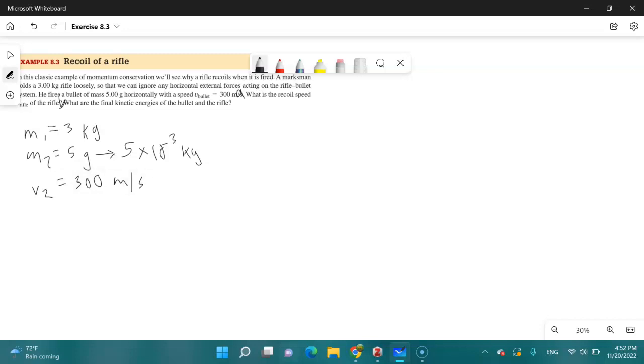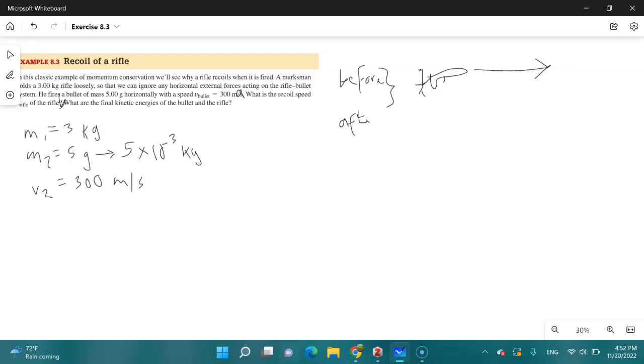So I'm going to draw a little before and after diagram to better understand this. So for our before, draw the little man holding the rifle. And we have no force being exerted this way because it's before he even fires it.